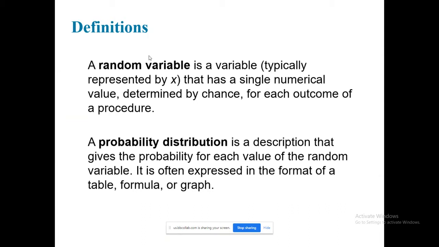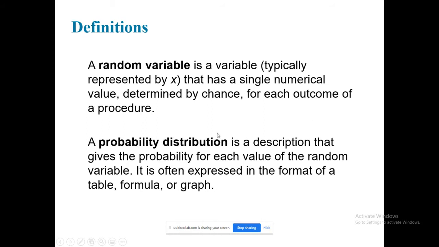It's typically represented by x, and it has a single numerical value. So your random variable must be assigned to a number. Okay, no categories or anything like that. A random variable has a single numerical value determined by chance for each outcome of the procedure.